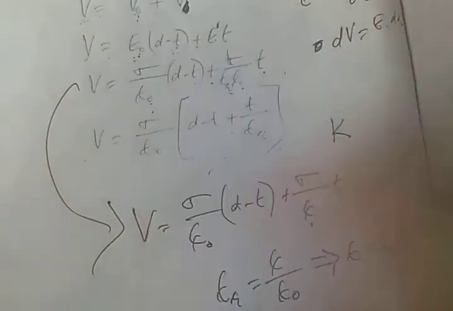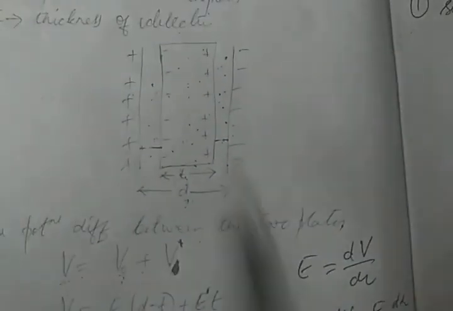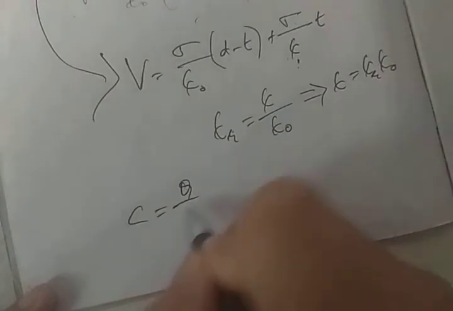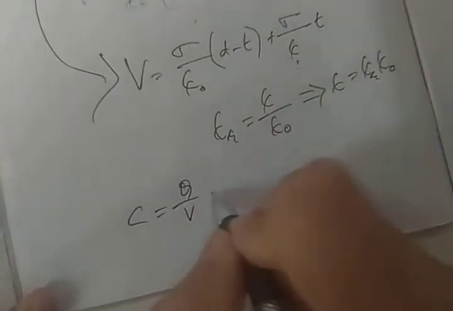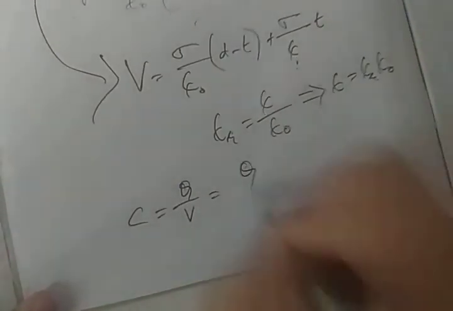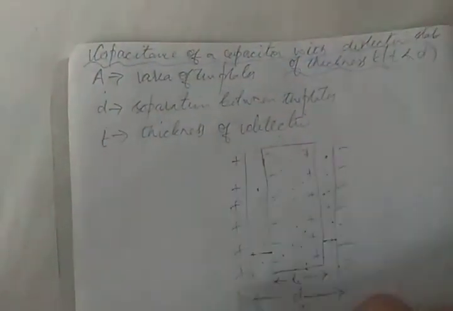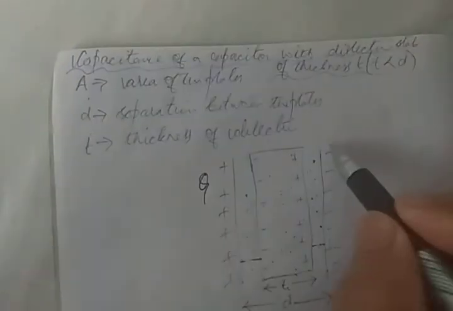Now basically what we want to find is the capacitance of this capacitor in this scenario. So what is the capacitance of the capacitor? Since C is Q by V, the capacitance will be the charge on the two plates. If the charge that we've given to this plate is Q, you have minus Q over here.